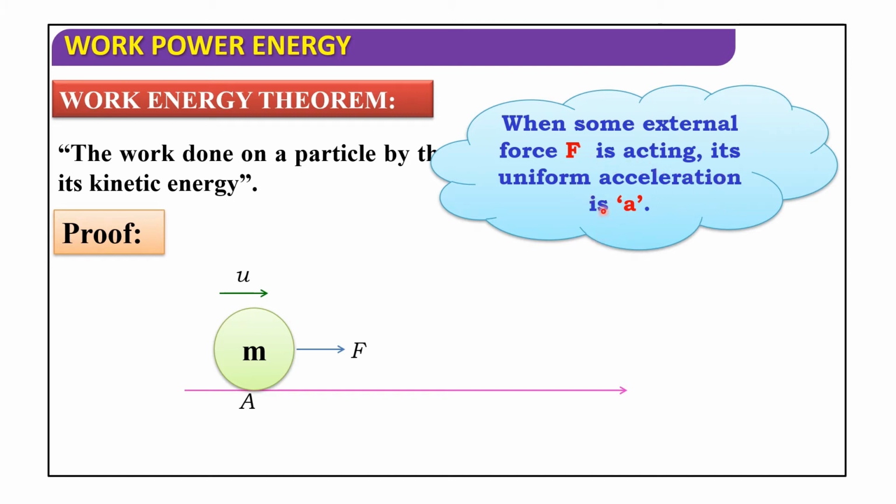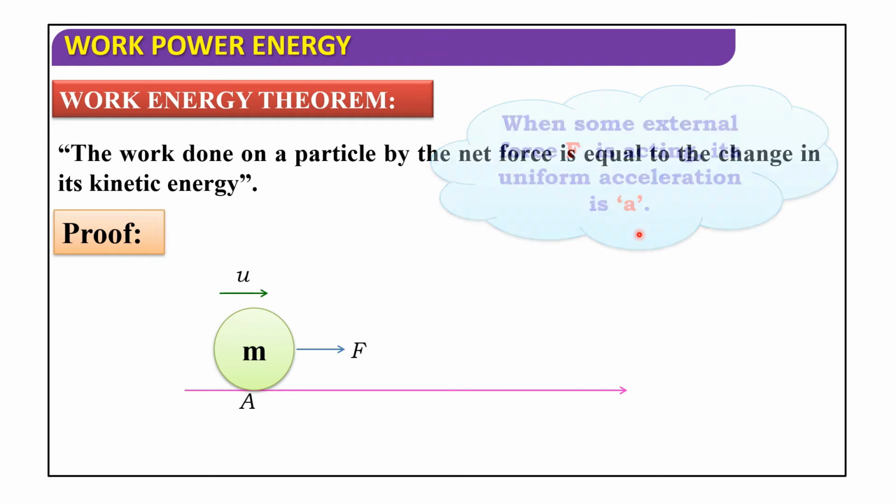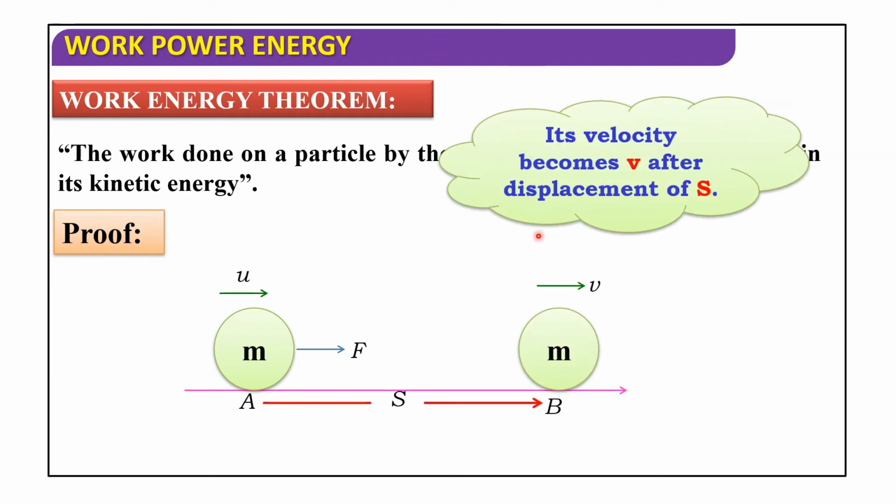Its velocity becomes v after a displacement of s. This is the final velocity. Here s is the displacement. A body is moving from A to B.